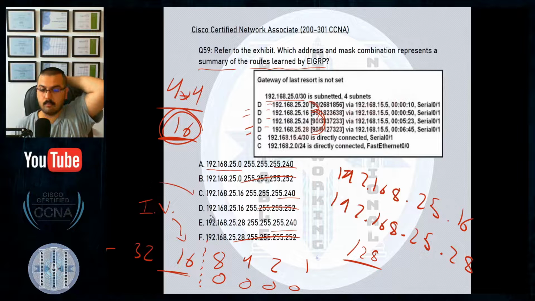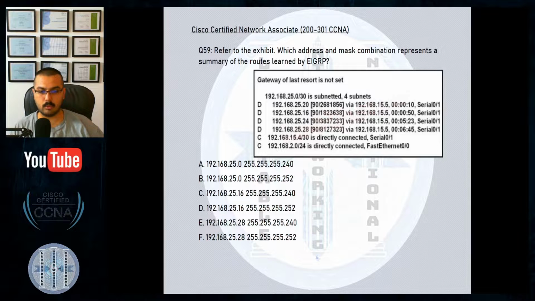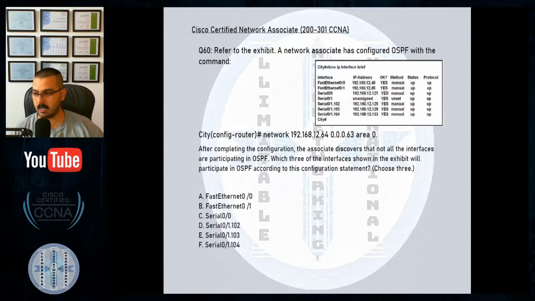And .28 starts from 28. So 16, 24, 20 will be useless here. So that will definitely be C, the address that we need. Otherwise, we need a pen and paper and a ton of handwork to represent the same address.